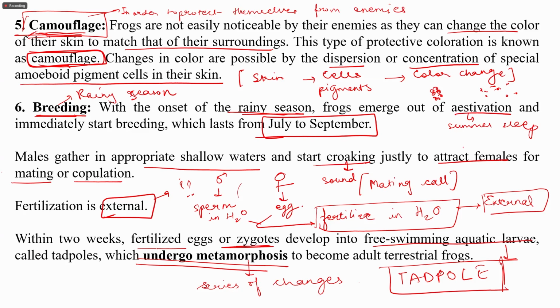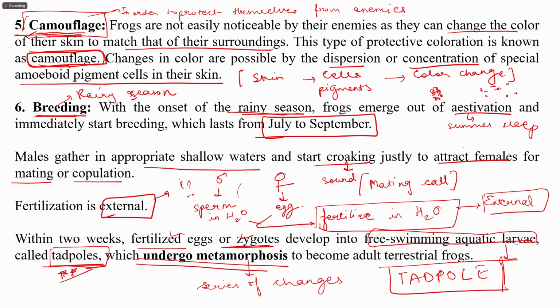Most of you might be knowing it, but it is important. These tadpoles undergo metamorphosis to become the adult terrestrial frogs. That is a series of changes.